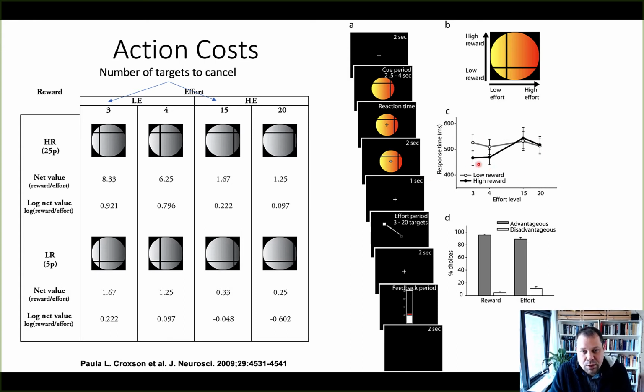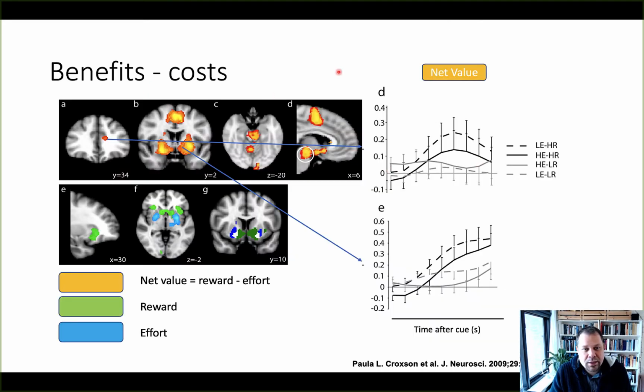Now, the interesting question about this paper is how does the brain respond to this? And what they're finding is, just to give you a preview, there is a set of regions in the brain, which I'm showing here in yellow. They compute a net value. So that's the integration of the costs and benefits. And I'll go over these figures in a second. Then we have green regions, which respond primarily to the rewarding aspects.